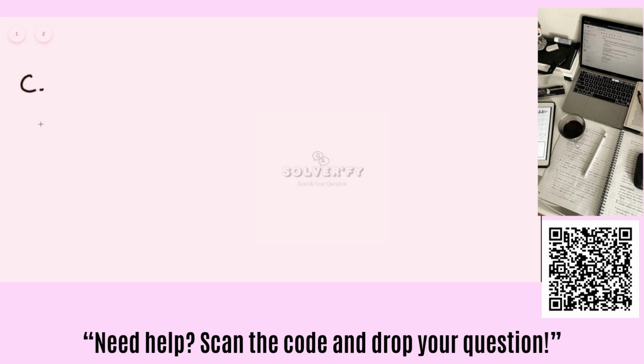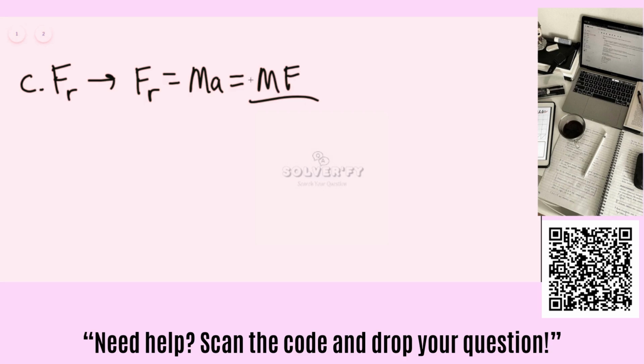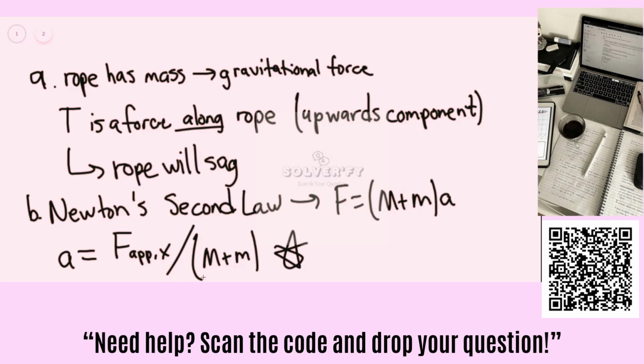For part C, we can then say the force of the rope, Fr, is the only force with a horizontal component acting on the block. So then we can apply Newton's second law for only the block, and we can say that the force of the rope would equal the mass of the block times the acceleration.